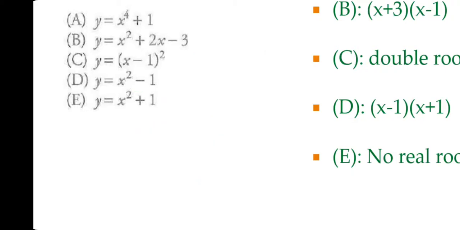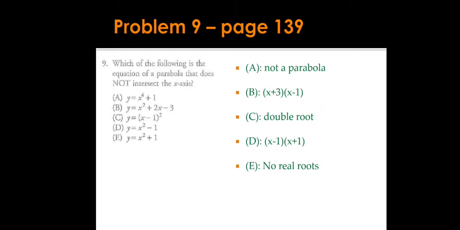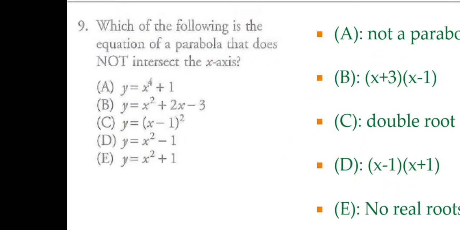Okay, now, having said that, the question is, which is a parabola that does not intersect the x-axis? That means we want an equation that has no intersection with the x-axis, or no roots. Okay, let's take a look at option A. Option A is obviously not a parabola, because it is of the 4th degree.